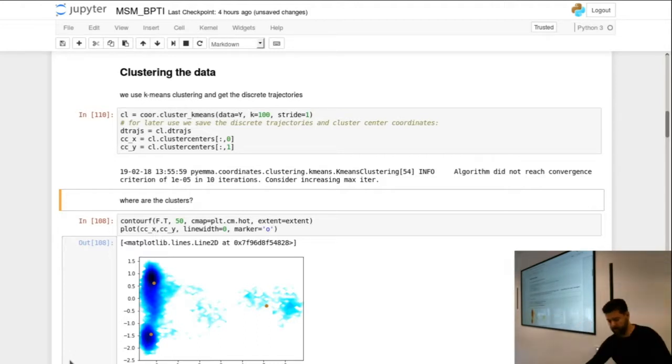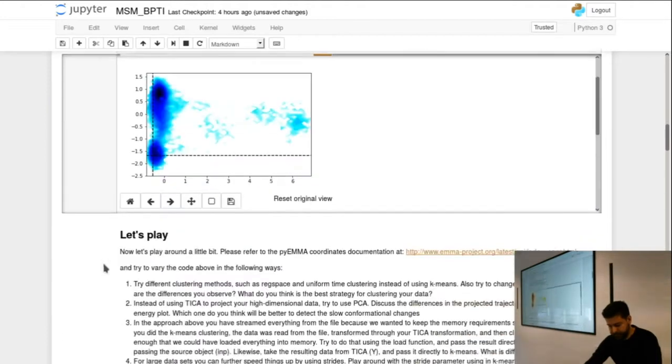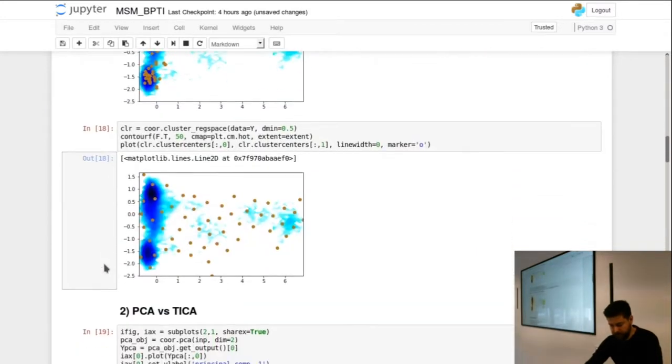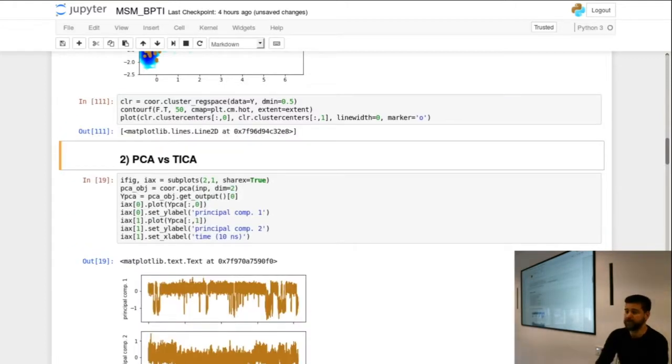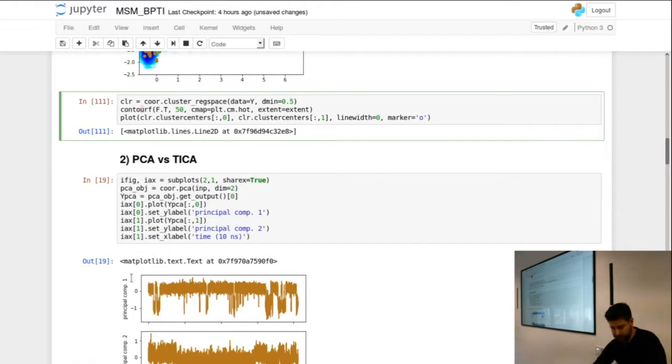Again, different types of clustering. We had the time uniform. Now we have, this is a very clear one, the space uniform. So I don't care about the density of the data.